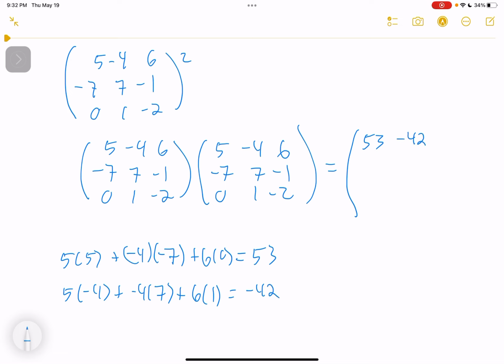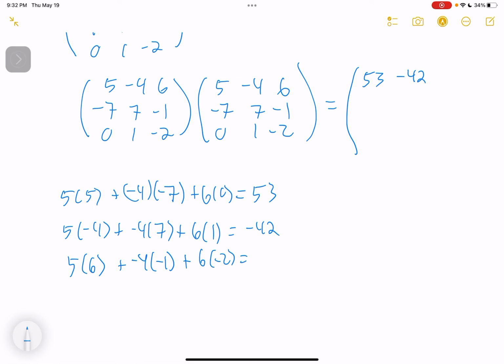And then we'll finish off the top row. So first row times the third column. So that's going to be 5 times 6 plus -4 times -1 plus 6 times -2. That's going to be 30 plus 4 minus 12. That's 22. So that finishes off the first row.